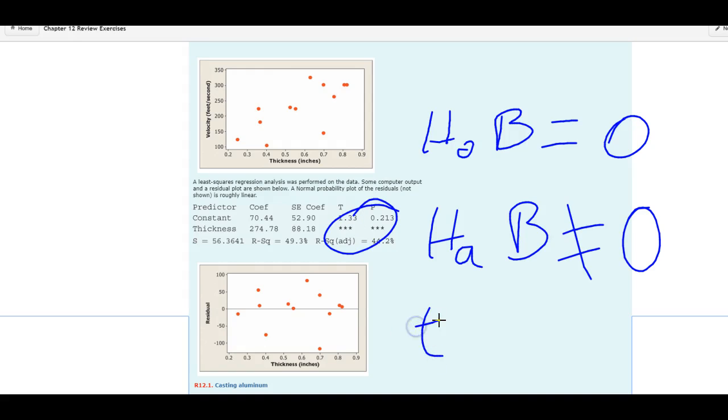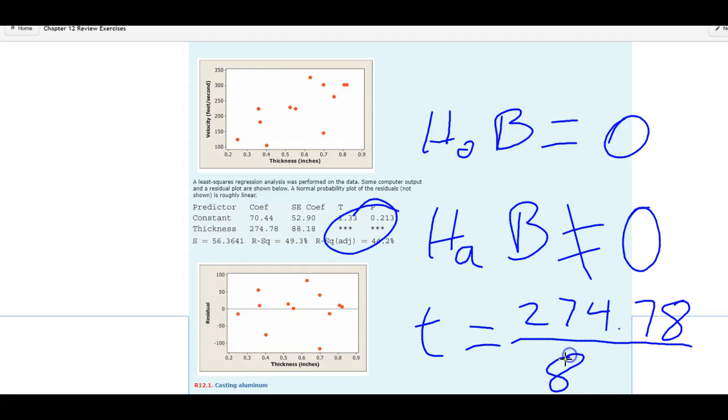For a linear regression t-test, the t test statistic is the easiest one you're ever going to do. You just take the slope, your sample slope, 274.78, and divide by the standard error number that's right next to it, 88.18. That's how you'll get t. And then how do we use that?